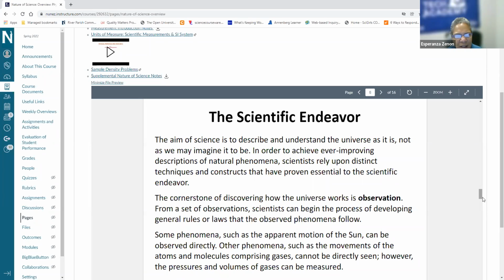But by and large, the growth of the body of knowledge that we call physics and physical science has grown in small increments through this scientific endeavor that we call the scientific method that we'll look at in a little more detail. But the start of that whole thing is observation.